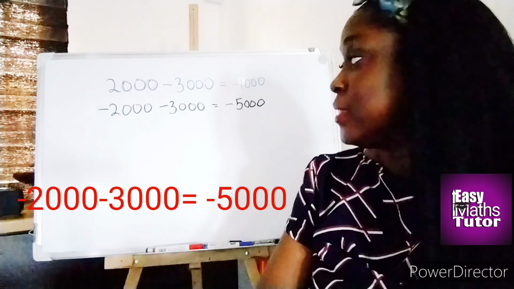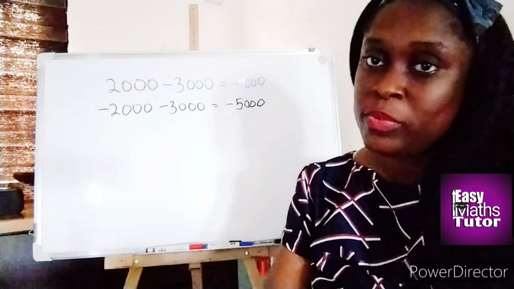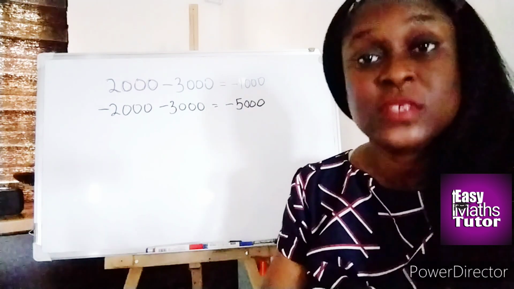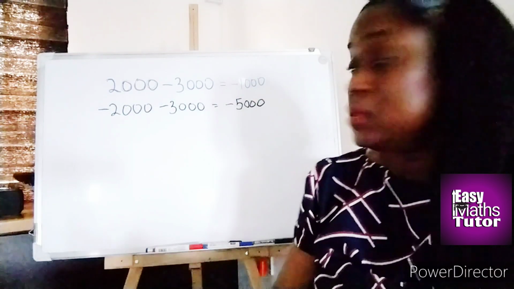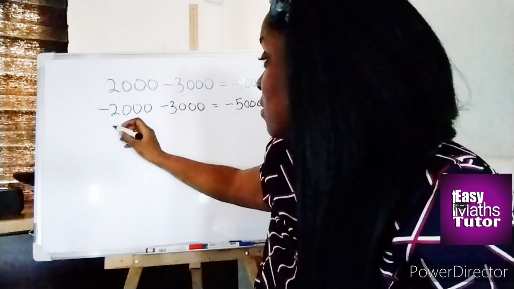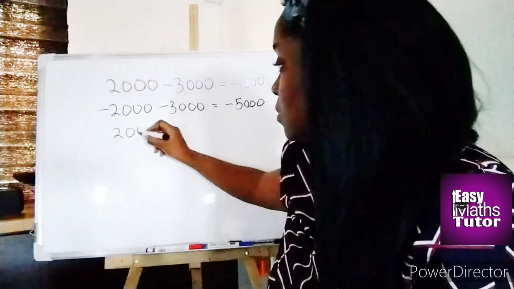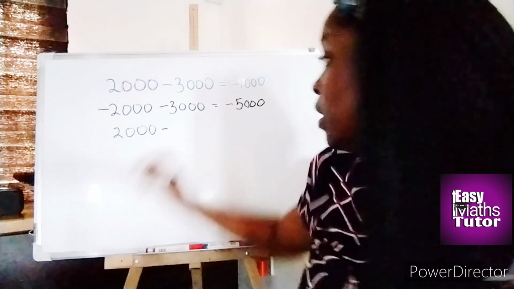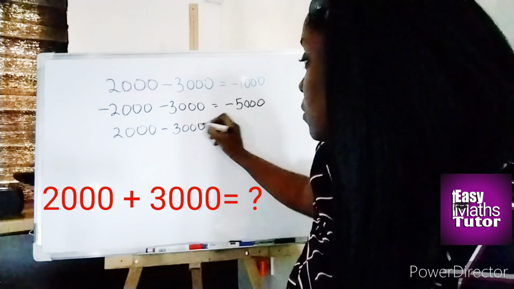Now, let's turn it around. Let's assume you have a shop and you offer goods and services. You sell goods and you offer services, all right? So a customer comes and buys stuff of 2,000 naira, and you already have in your hand 3,000 naira.